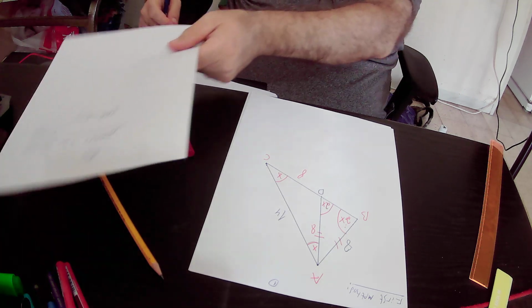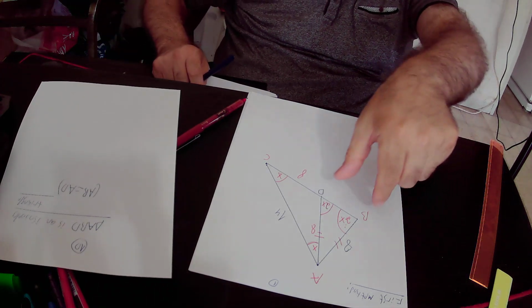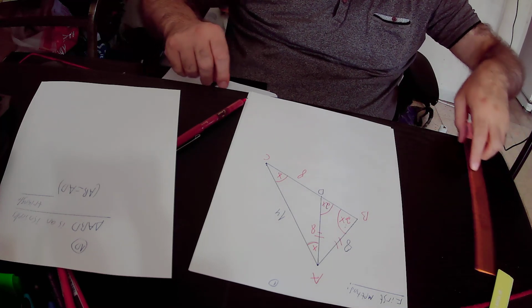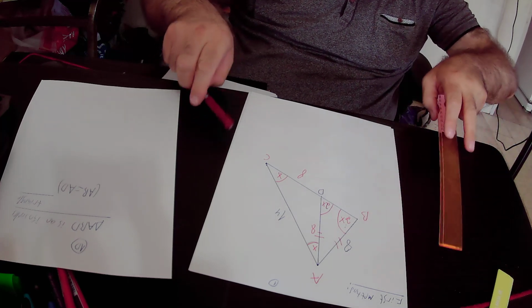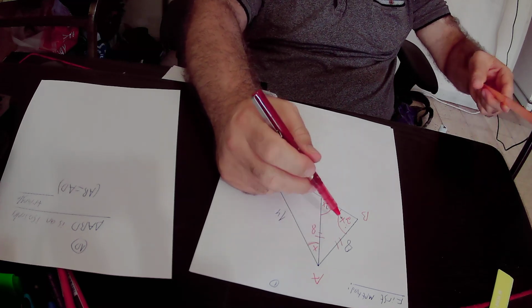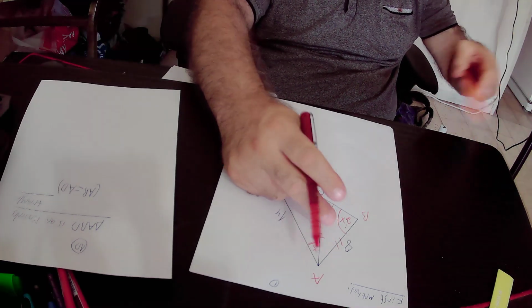Then we will draw a perpendicular from point A to the base BD of the isosceles triangle ABD.